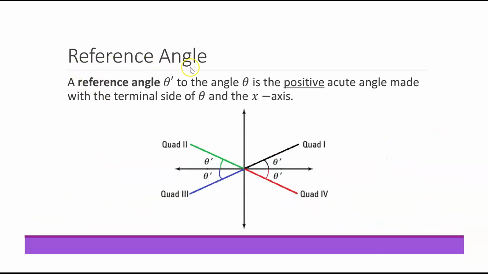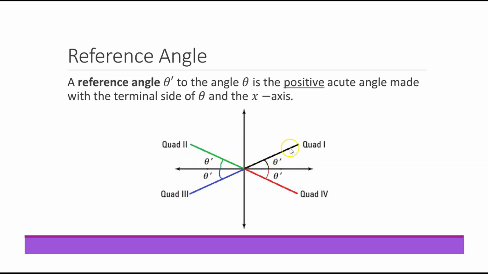Now let's define a reference angle. A reference angle, theta prime, to the angle theta is the positive acute angle made with the terminal side of theta and the x-axis. In my visual representation, I have 4 different angles on one xy plane, and I'm assuming that each of these colored lines represents the terminal side of an angle.